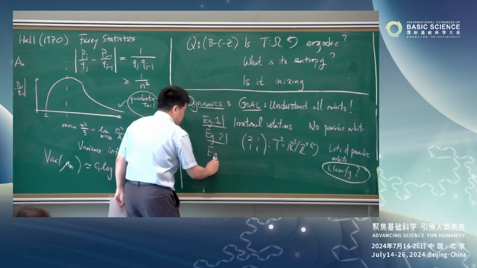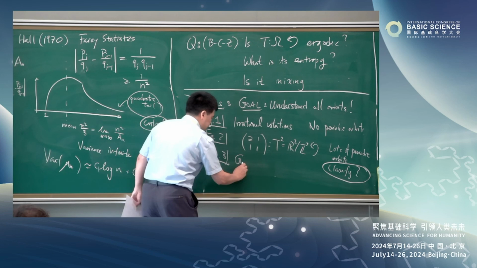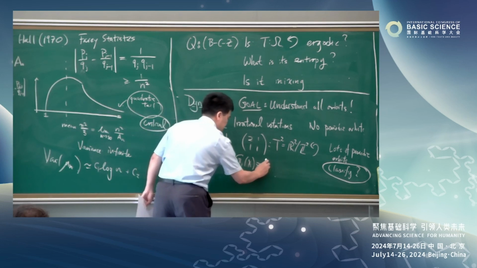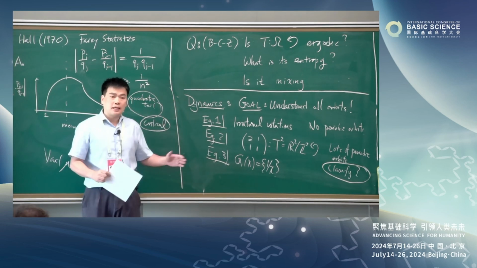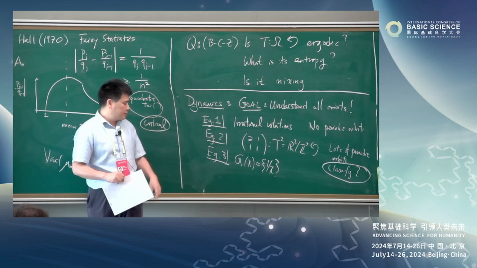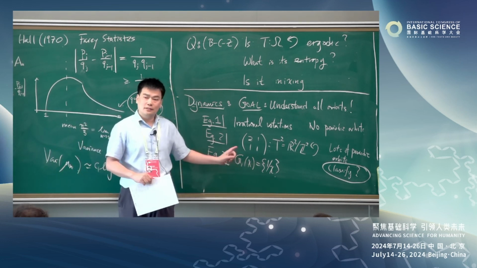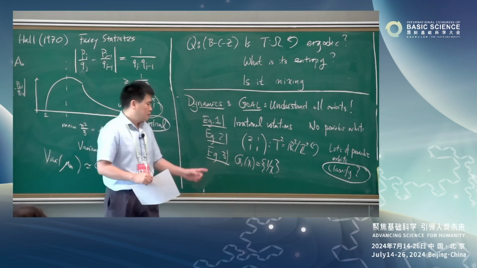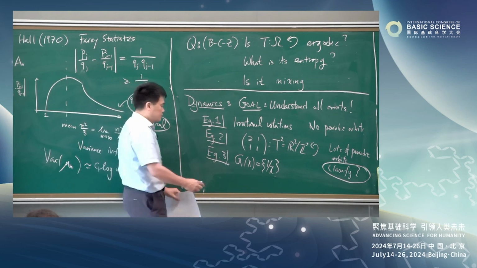But now I'm going to give you the third example. This is the Gauss map. The Gauss map is even more chaotic. However, if you ask for the periodic orbits, there's a nice answer. Periodic orbits are just periodic continued fractions.